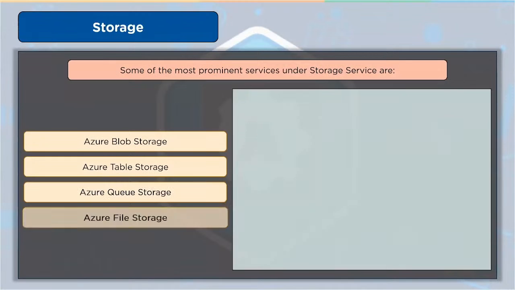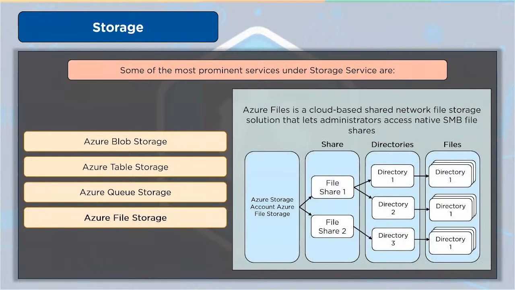Now coming to the last one, Azure File Storage. Azure Files provides fully managed cloud file shares that can be accessed via the industry standard Server Message Block or Network File System protocols. Cloud and on-premises deployments can both mount Azure Files file shares at the same time.